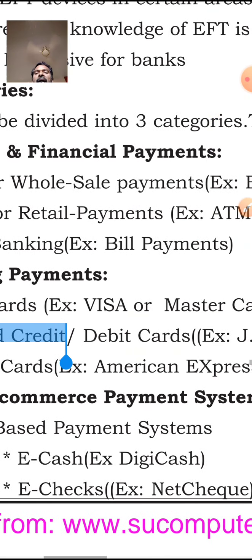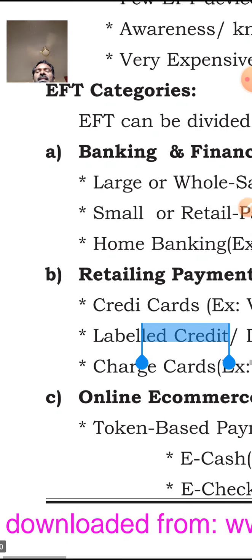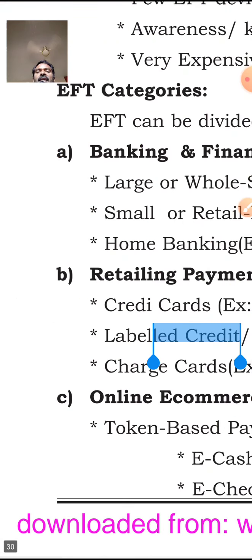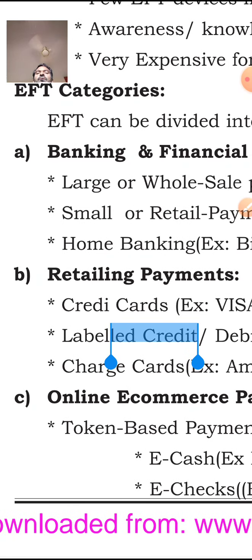So from home banking, that means bill payments through the bill desk, all these types of home banking applications also contain the EFT applications. So the applications which are used in the banking and financial sectors are called EFTs of the banking and financial sector.